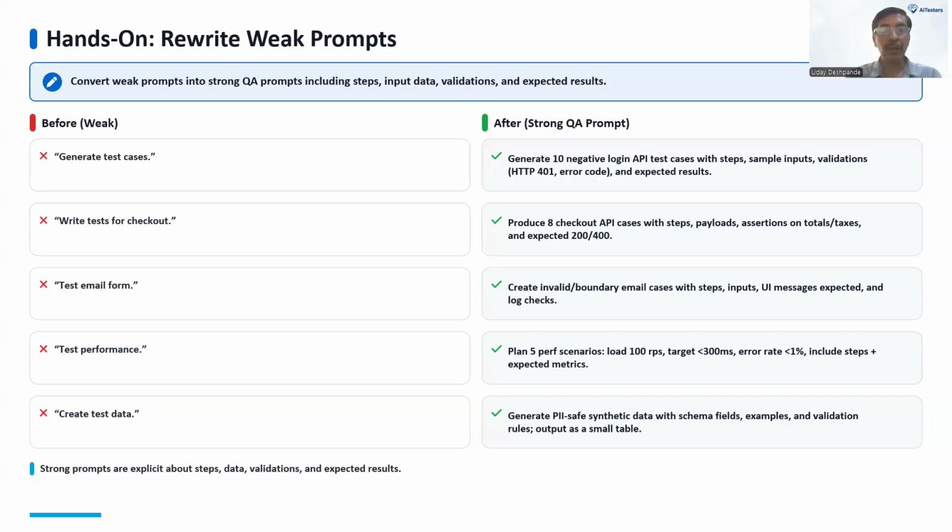Second, "write test cases for checkout" becomes "produce 8 checkout API cases with steps, payloads, assertions on totals and taxes, and expected 200 or 400 responses." Again, count is specified, the data type is named, payloads, and the assertions are described.